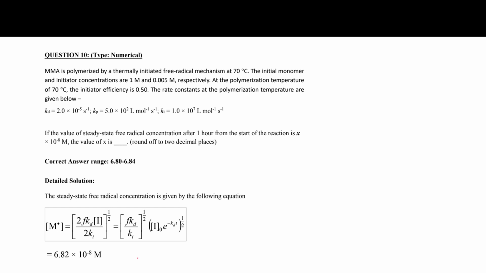Similarly, for a problem where you have to find the monomer concentration, where the KD value, F, and initiator concentration are all given, we can easily calculate this value.